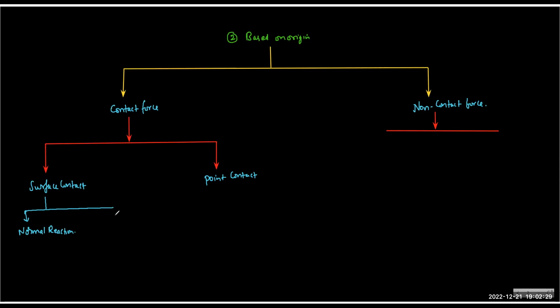And this is a distributed force, which means the normal does not act at a point. Rather, when you are standing, every point of your foot which is making contact with the surface is exerting normal reaction. And the net normal is the sum total of all individual normals. So surface contact is called a distributed force. So there's a name for this.